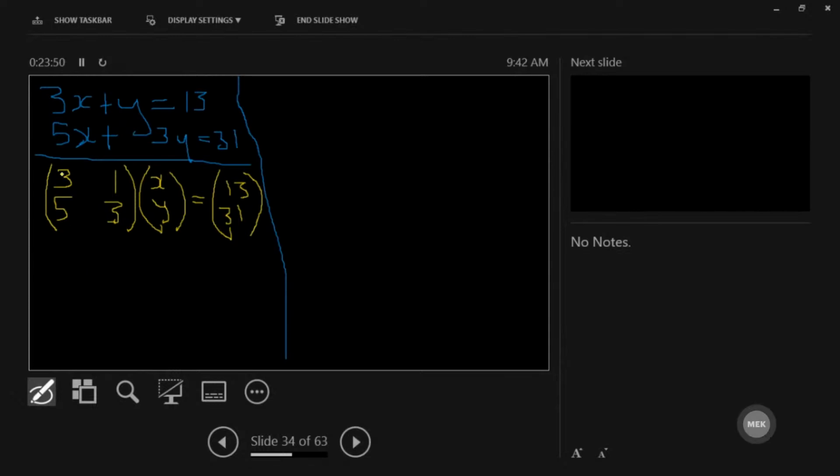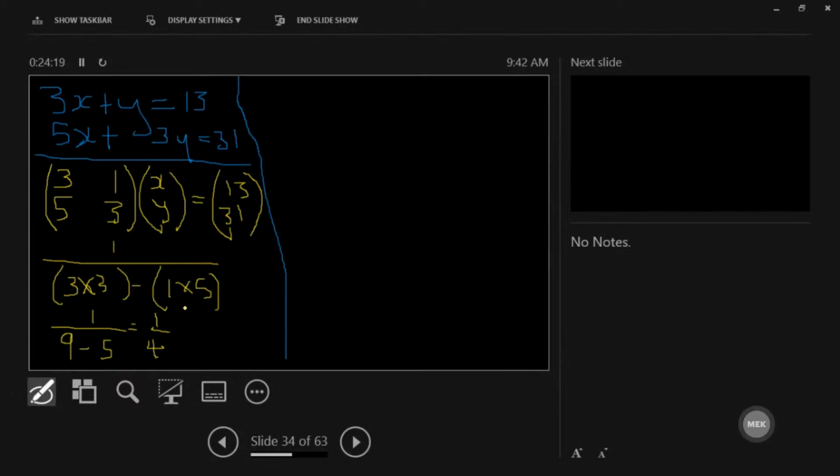The determinant is A times D minus B times C. So it's 1 over 3 times 3 minus 1 times 5. And that's going to give 1 over 9 minus 5, which is a quarter.